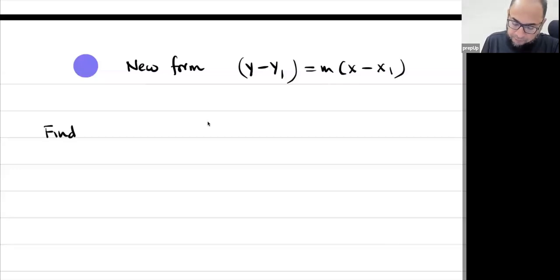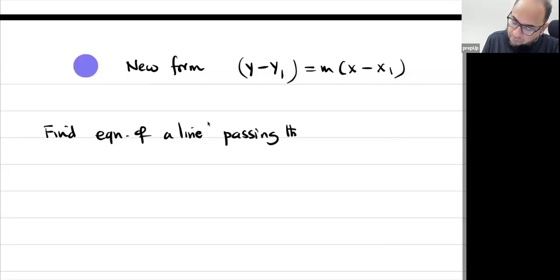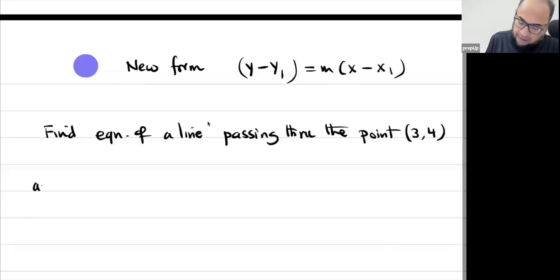Find the equation of a line passing through the point (3, 4) and having a slope of 2.